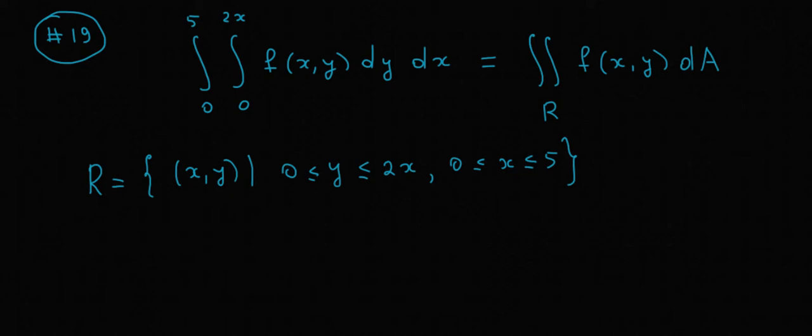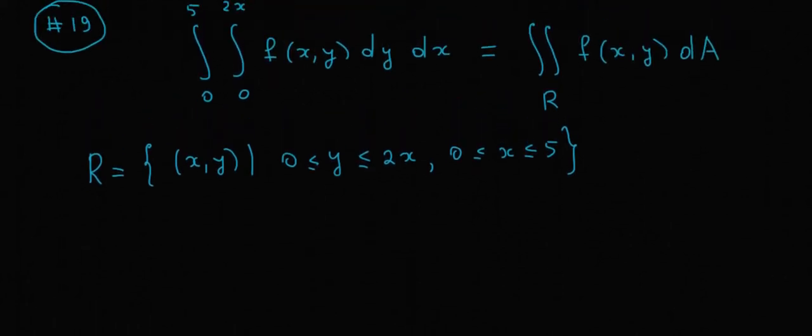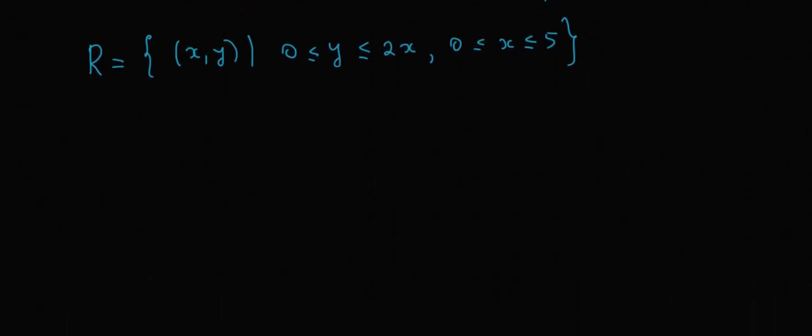X is somewhere between 0 and 5, and then y is between 0 and 2x. Let's make a picture of this region. I'm going to graph this region.